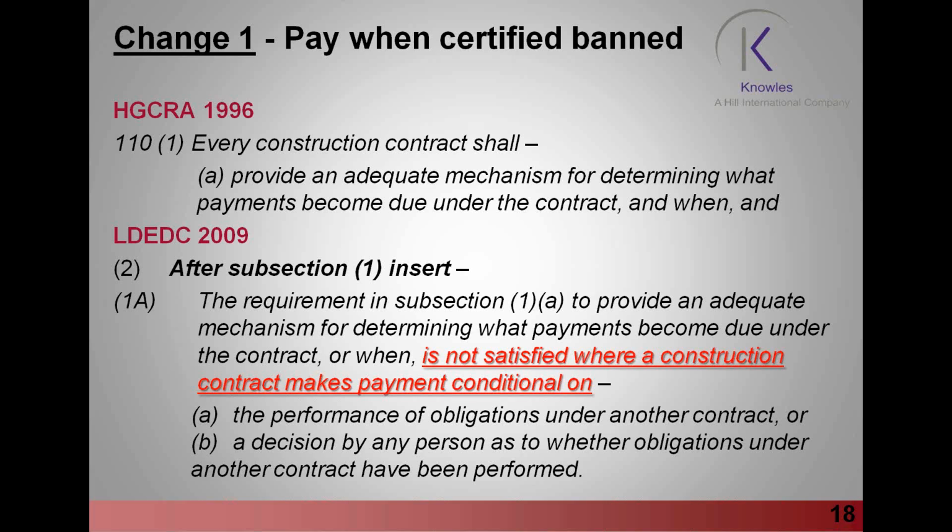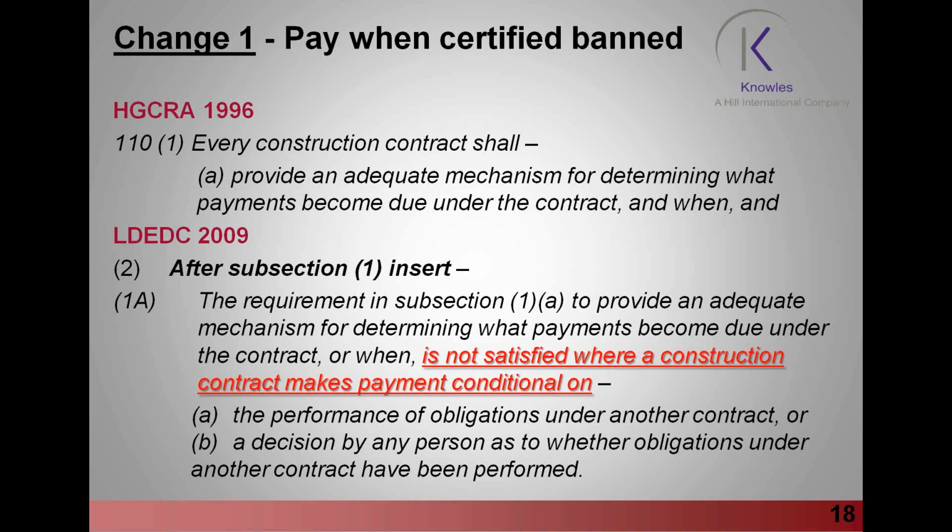You can see on the slide in front of you, under the Construction Act 2009, some words in red. Let's just look at those for a minute. The requirement is not satisfied where a construction contract makes payment conditional on the performance of obligations under another contract, or a decision by any person as to whether obligations under another contract have been performed.